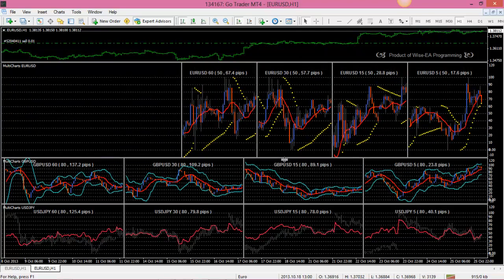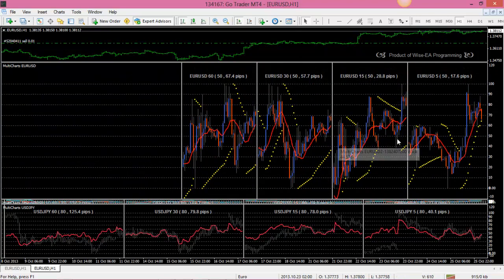Let's use this one first. We're scaling the entire price on a scale of 0 to 100. So for the 5-minute chart, 17.6 pips is drawn from 0 to 100. And for this one, 28.8 pips was drawn from 0 to 100.